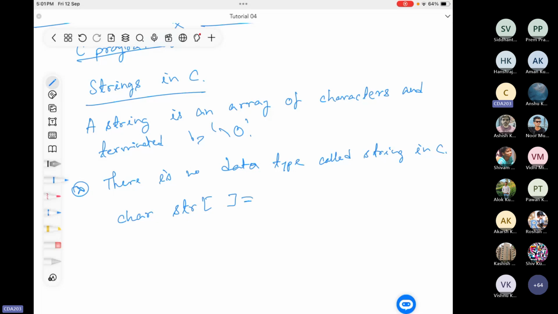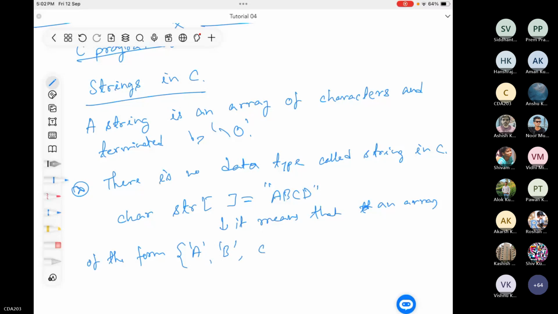This is an array of characters, and in the second bracket you write ABCD. What this means is that you have created an array of the form A, B, C, D, ending with a null character.